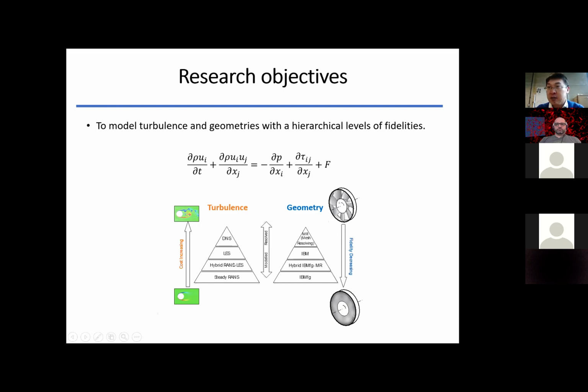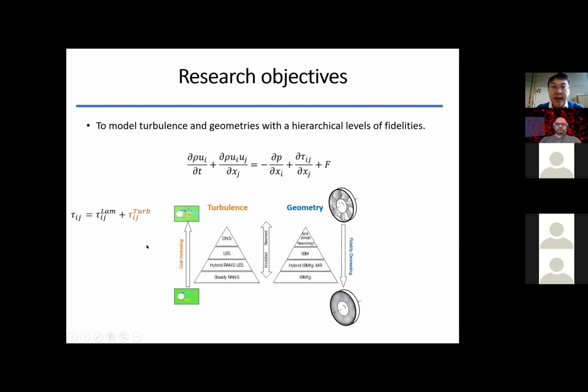So we have this pyramid in turbulence modeling. From the bottom to the top, we increase the resolved part and decrease the modeled part. And obviously, the cost will increase from the bottom to the top. If we want to express that in our governing equation, it's all incorporated in the viscous stress.